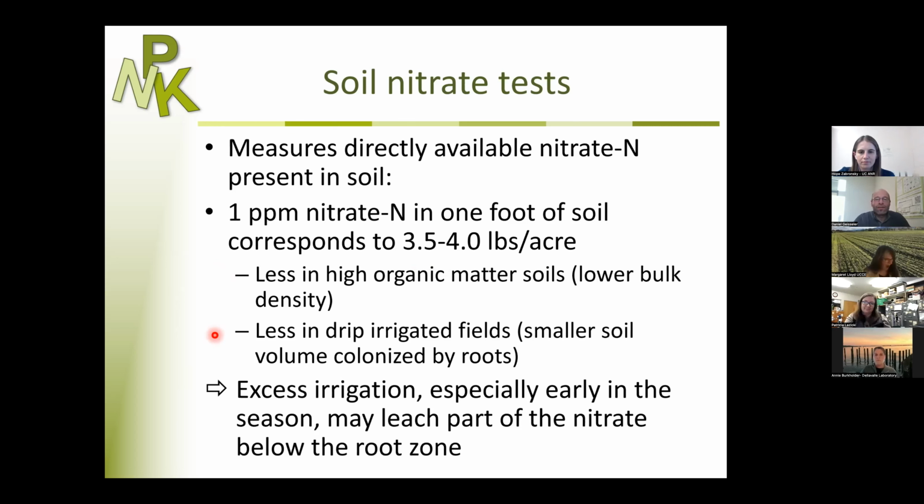So that would also justify using a lower conversion factor. And again, very important, if you take a soil nitrate test and afterwards you have a heavy irrigation or heavy rainfall, that nitrate may no longer be in the zone where you measured it.